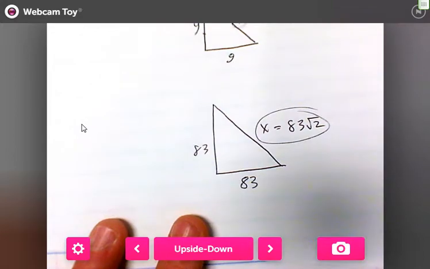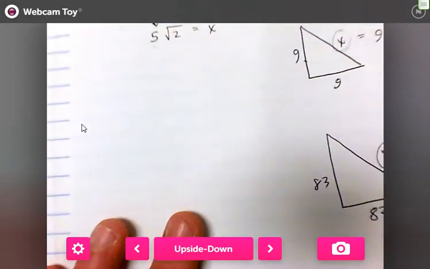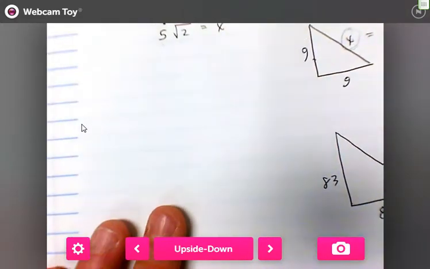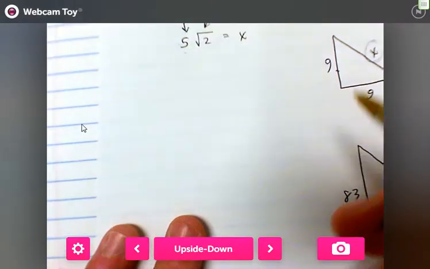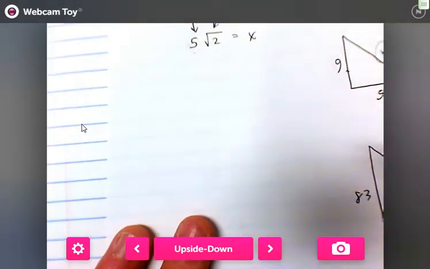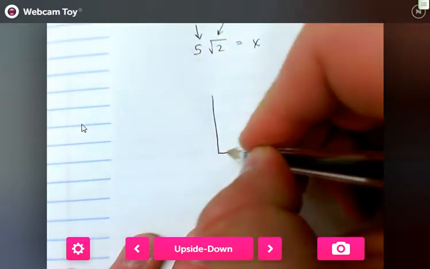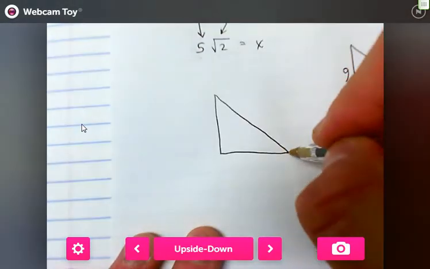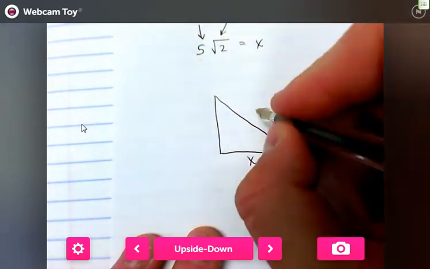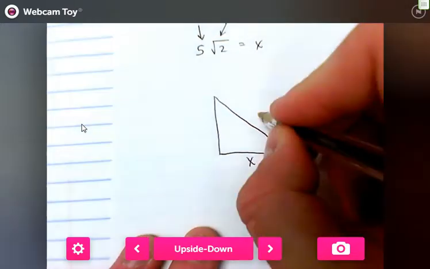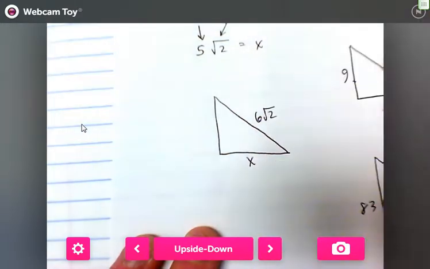Okay? Now they're a little harder. This time I'm going to give you the hypotenuse, and you've got to figure out the legs. So first one we're going to do, we don't know this, but we know that this is, let's say, 6 root 2.